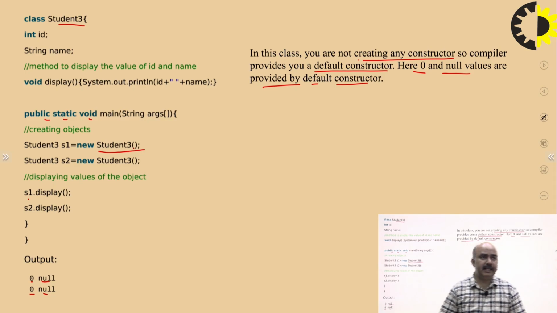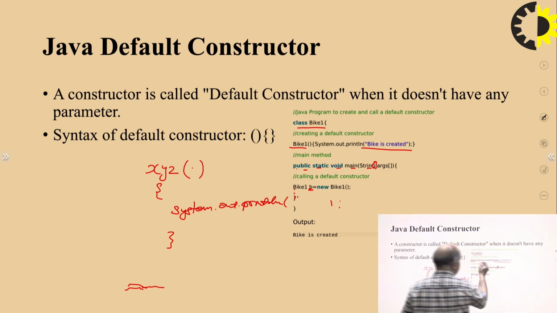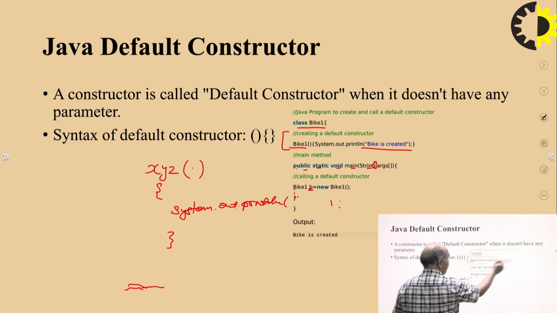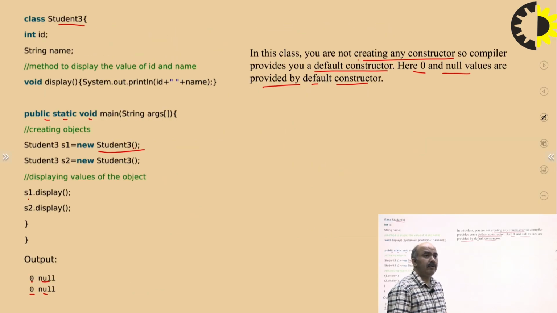But in the previous examples we defined the constructor. You see, we defined the constructor there, but in the next examples we have not defined any kind of constructor.